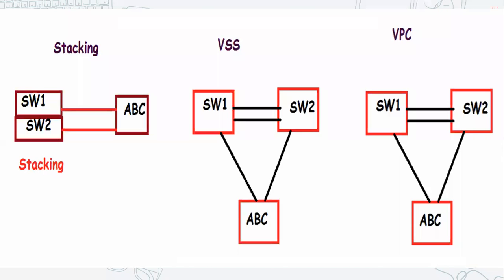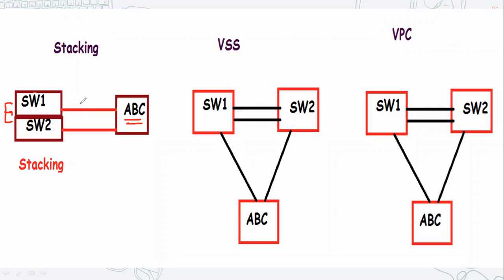Now let's look at this diagram. The first one is the example of stacking, wherein we have two switches, switch 1 and switch 2, and let's say we have one server or device ABC connected to the stacked switches.